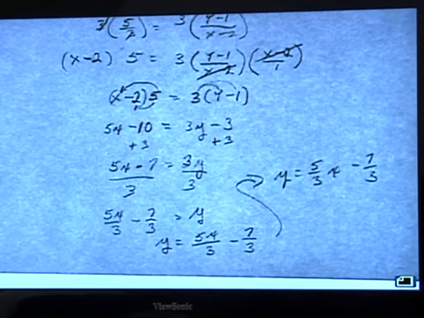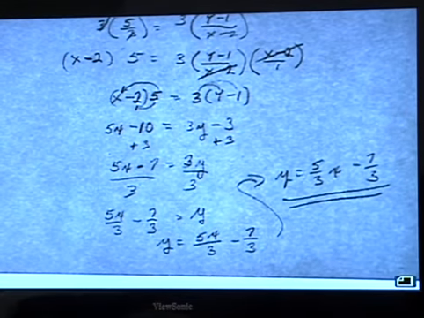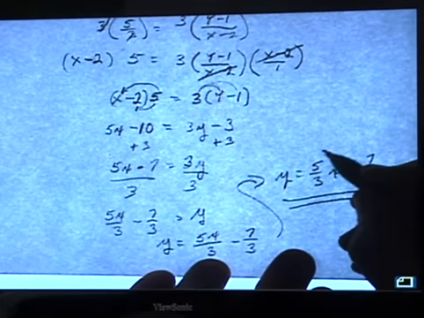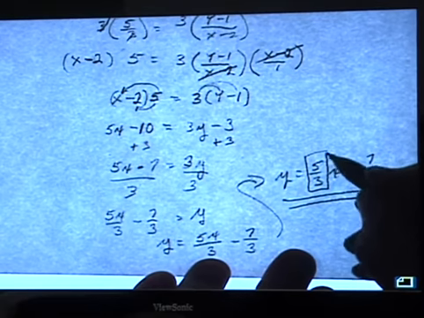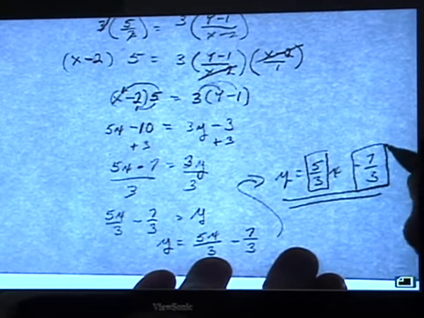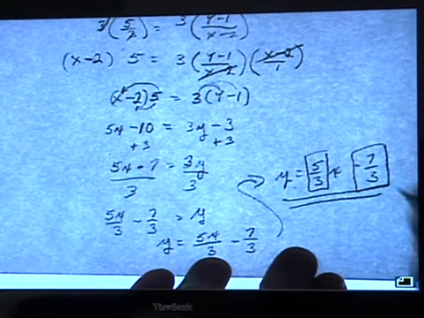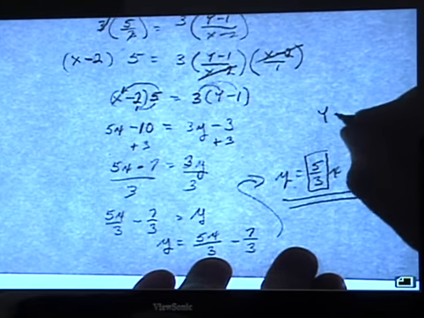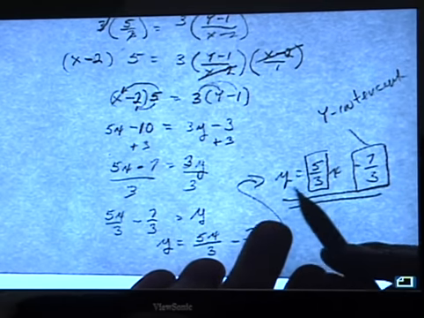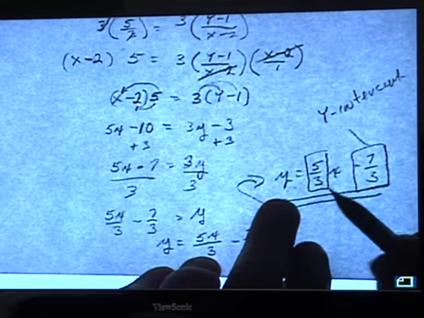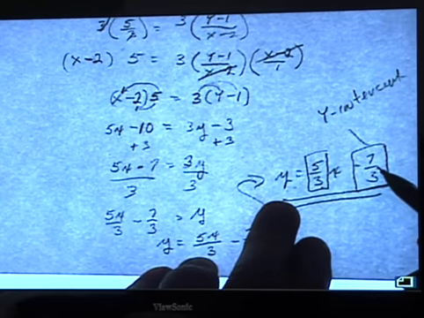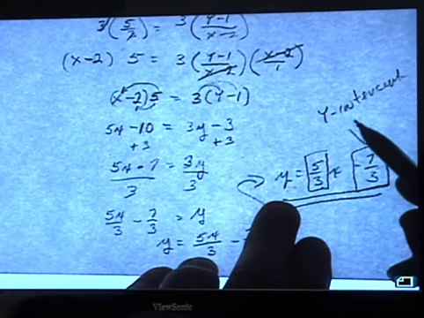That's the form that I like it in. Why do I like it in this form? Because we learned last time, this number is our slope, and this number is where this line crosses the y-axis. This is the y-intercept. If you solve your equation for y, then the number that's in front of the x is the slope, and the number that's after it is the intercept, where the line crosses the y-axis.